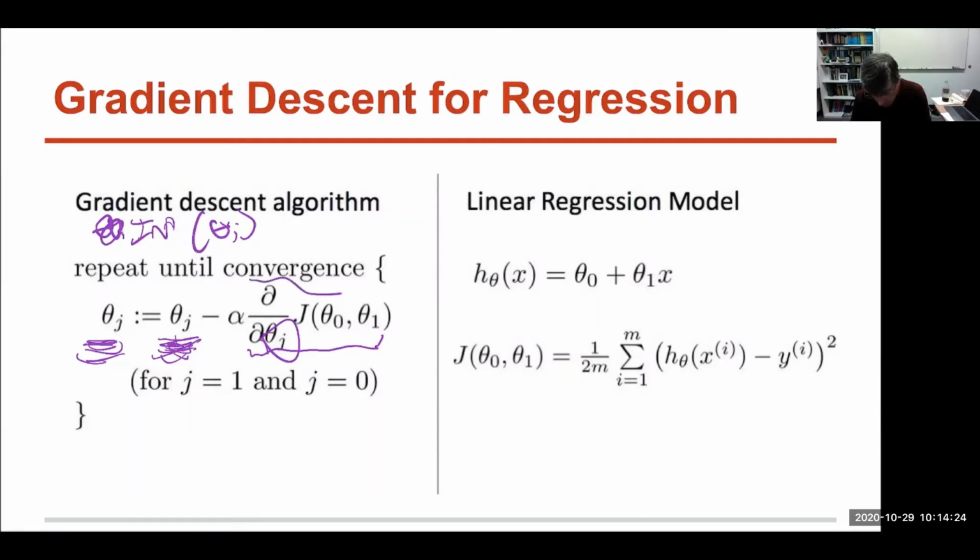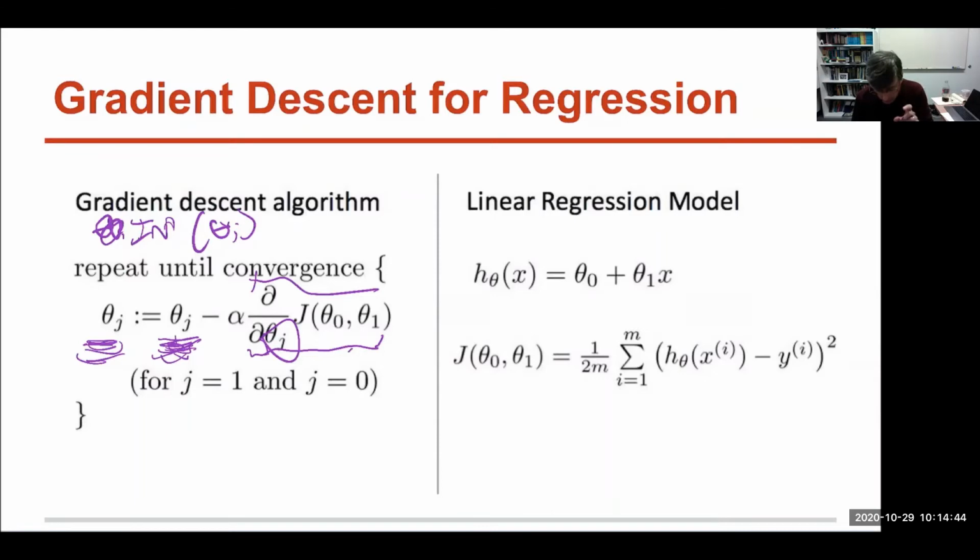The sign of this will tell us whether we should be increasing or decreasing that parameter. And the value of this derivative will tell us how fast we should change it.